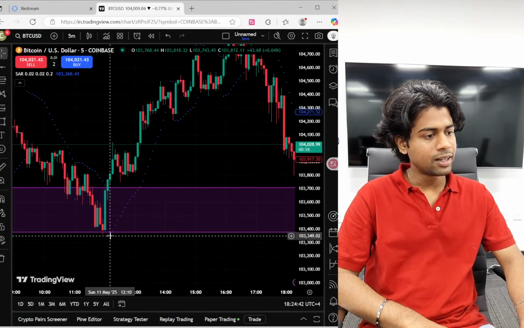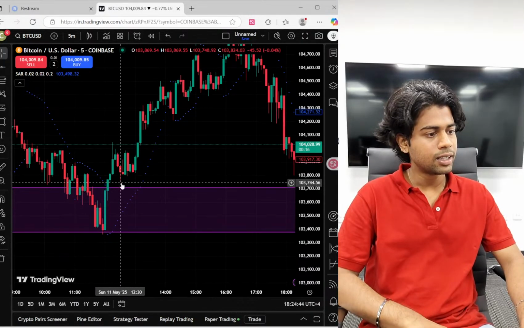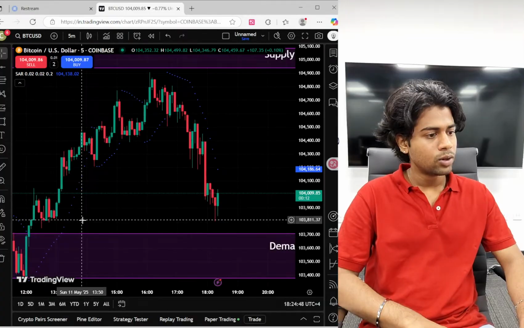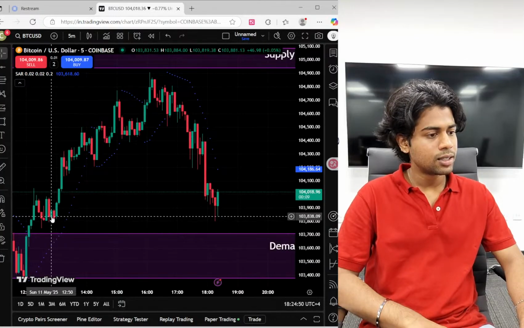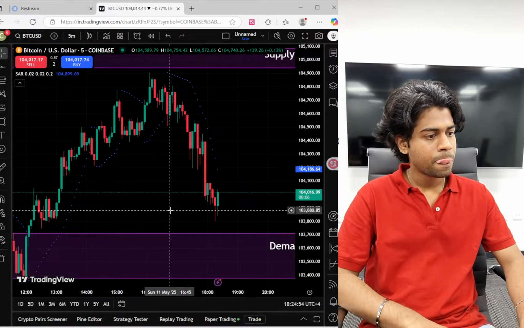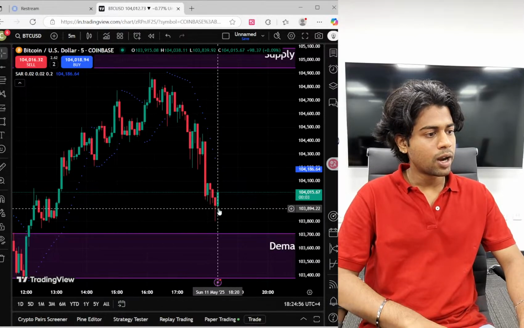This is just a lineup from where first it took here, then came and then took up here. And you can see that near this demand zone, the market is now trying to go up from there.